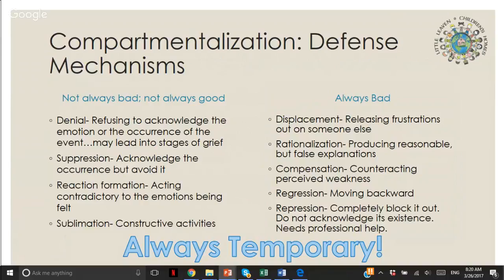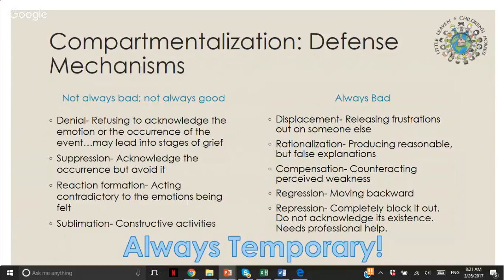We'll compartmentalize it. You just refuse to acknowledge it. That's temporary. If you do it by denial, then denial can be bad sometimes, and sometimes it can be good. If you're going through the 5 stages of grief, it's good. But if you stay in denial, then it's bad because you're never admitting to that emotion. A lot of people never want to admit that they get angry. They don't want to admit that they get sad. That's not good.